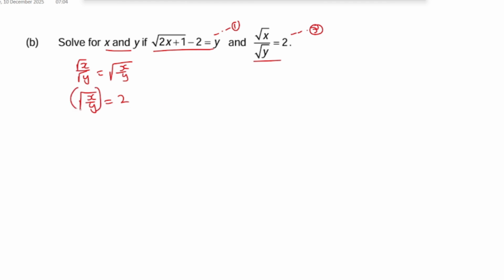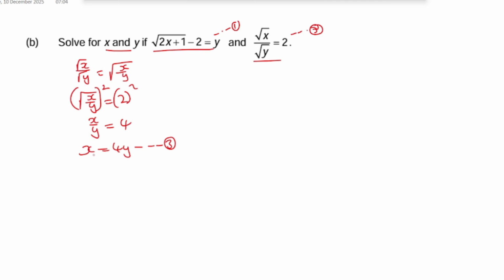The square and the square root will cancel each other out. We remain with x over y is equal to 4. Then we multiply by y on both sides of the equation, and we remain with x is equal to 4y. So from equation 2, we have created equation 3.